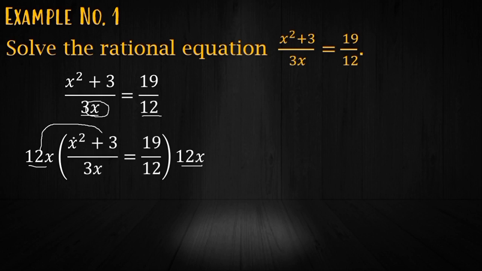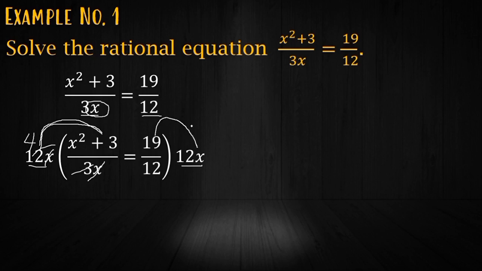This expression on the left side of the equation is considered one term. If you multiply it by this, x will be cancelled from the denominator, and 12 divided by 3 becomes 4. Okay? Do the same thing to the right side of the equation. Multiply 19 over 12 by 12x.